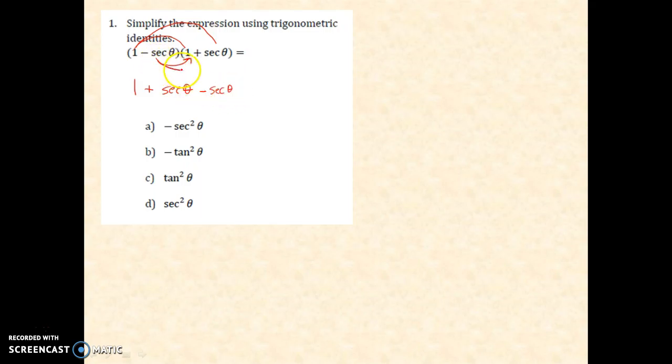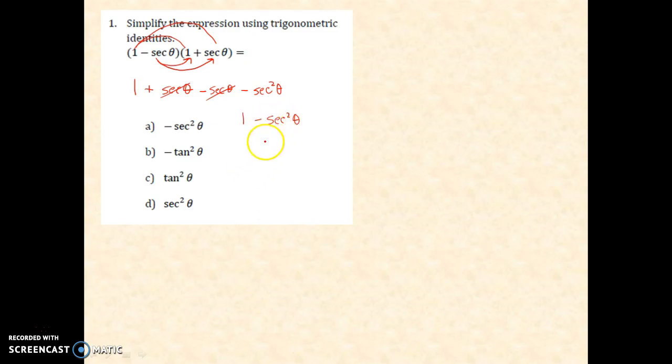And then negative secant theta times positive secant theta is negative times positive is negative, and then secant times secant is secant squared. And then I get a plus secant theta and a minus secant theta that cancel out because secant theta minus secant theta is 0. And so that simplifies to 1 minus secant squared theta.